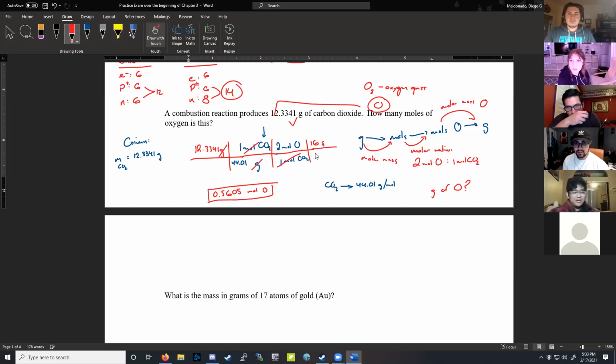My advice is, it's probably going to be multiple choice, so you can see on the options whether it's this many moles of O2 or this many moles of O. If it doesn't state directly to use oxygen gas or molecular oxygen, stick with O. That's probably a safer bet.